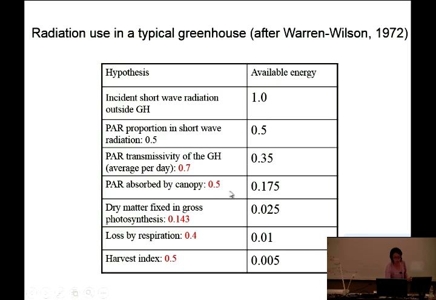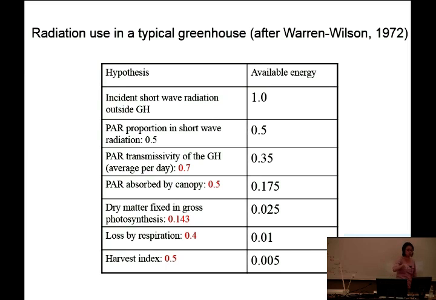Therefore, I have a relatively low number. You can argue, okay, I'm going to use, for example, deep flow hydroponics. My greenhouse is entirely covered with plants. In that case, I can use a much higher utilization factor. But let's say a conservative number in this example, 0.5. So 0.35 times 0.5. Only half of that is actually absorbed by the canopy, so 0.175. So 17.5% of the original solar radiation is now finally absorbed by the plants.